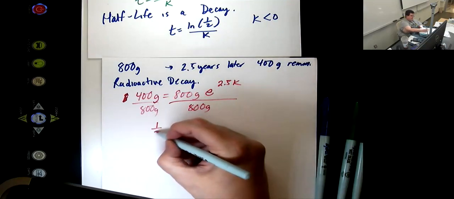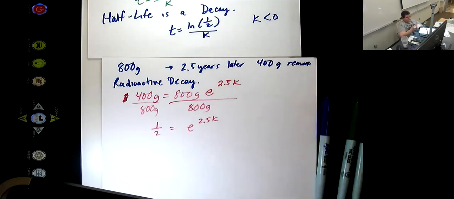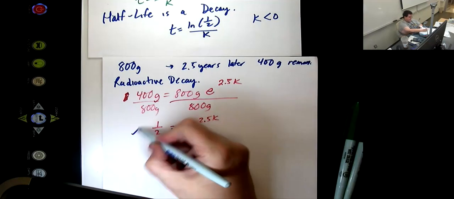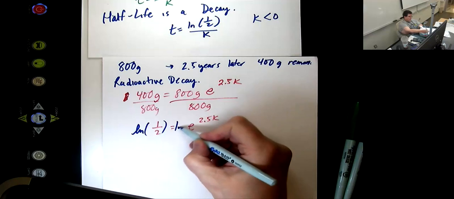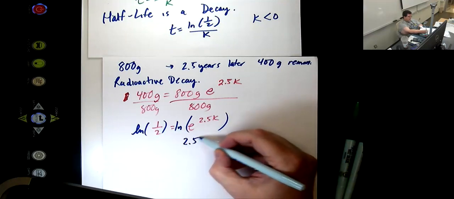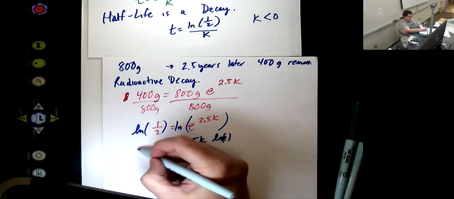And I get 1/2 on the left equals e to the 2.5k. Take the natural log of both sides. And I get 2.5k natural log of e equals natural log of 1/2.